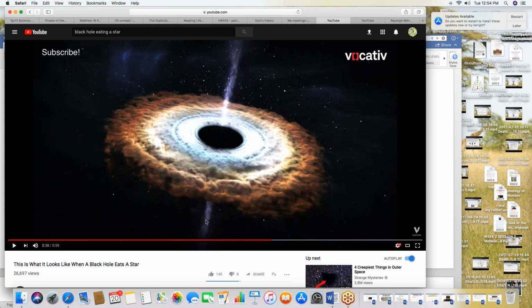Now I want us to pay close attention to this beam that is exiting out of both sides of the center of the black hole. Y'all see it? Very important.